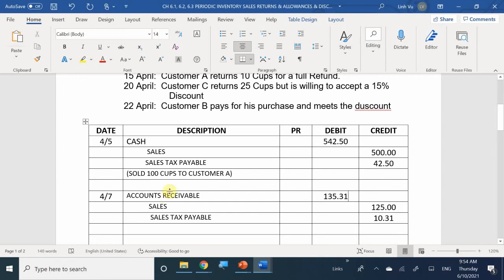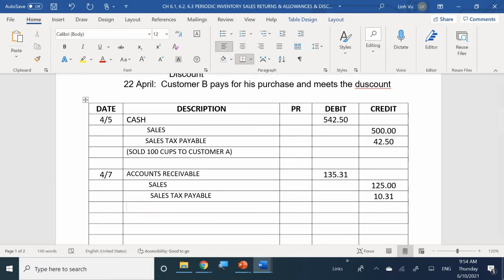Good. All right. I'm also going to make a note here that I sold 25 cups to customer B. And then note the terms also. Yes, I'm going to go ahead and do that, because when I go through my transactions, I can at least refer to what I gave my customer.